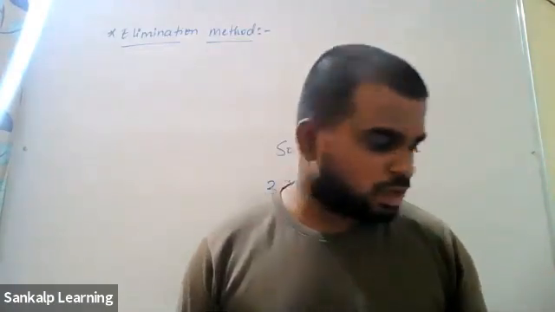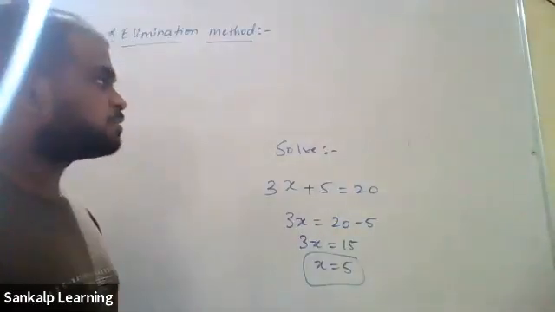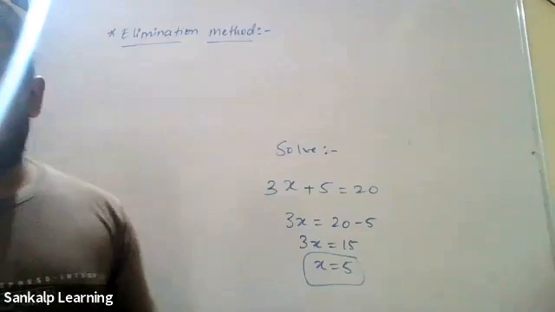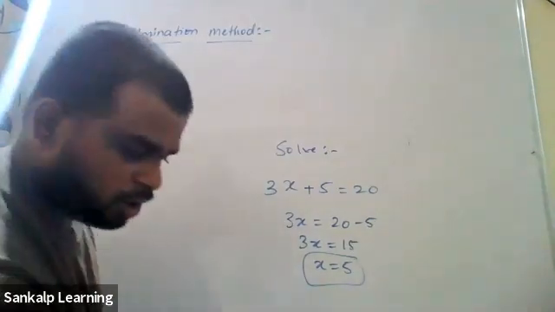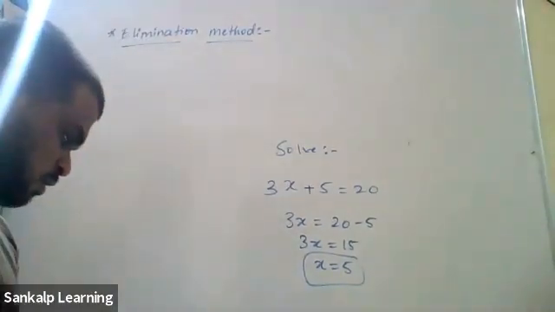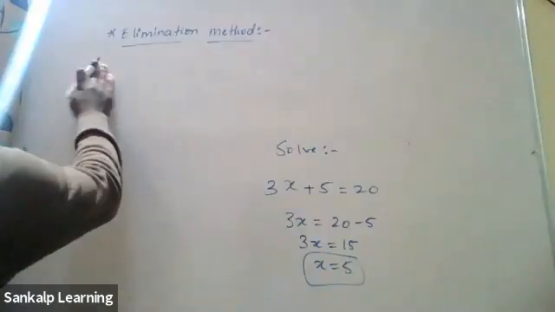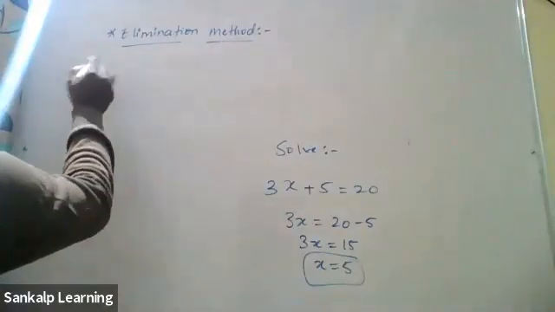I'll take one question. What was the first question that we took in the substitution method? Can anyone tell me? Sir, the first question in the substitution method was x plus y is equal to 3 and 4x minus 3y is equal to 26. Okay, what will be the question number? Let's continue, question number 18.